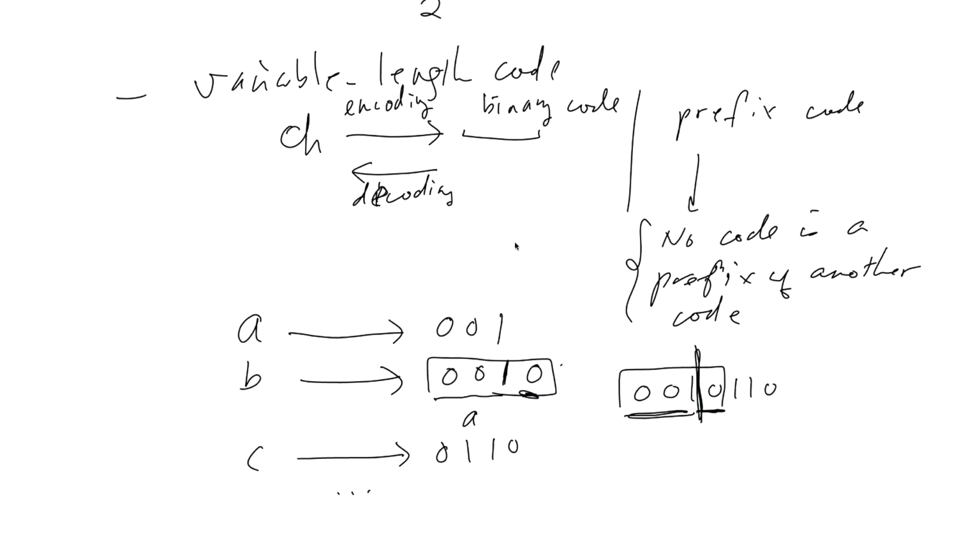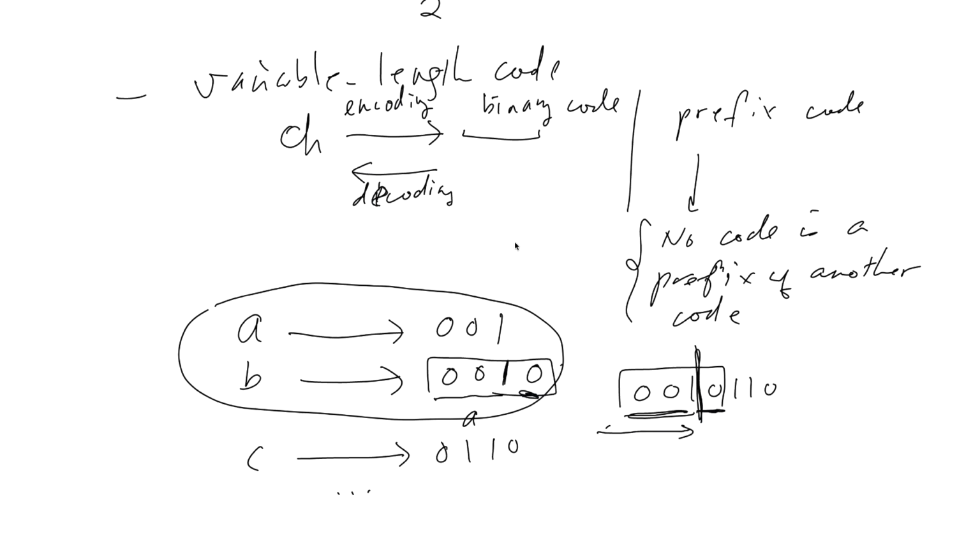To solve this problem, we use prefix code. This is not a prefix code because A is a prefix of B. We need to make sure none of the codes is a prefix of another. Then when we want to do the decoding, we just read from left to right.